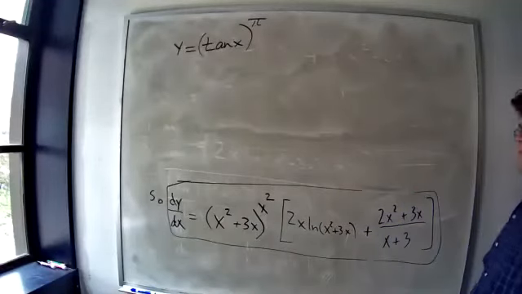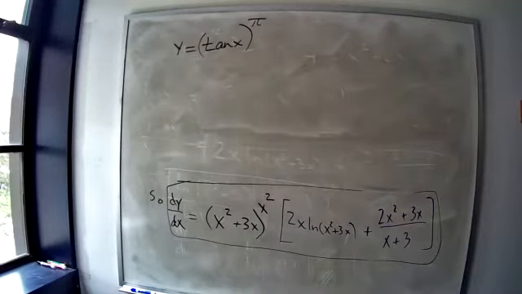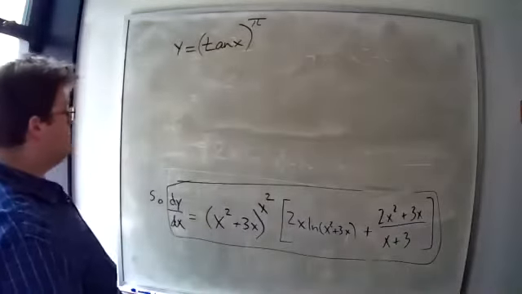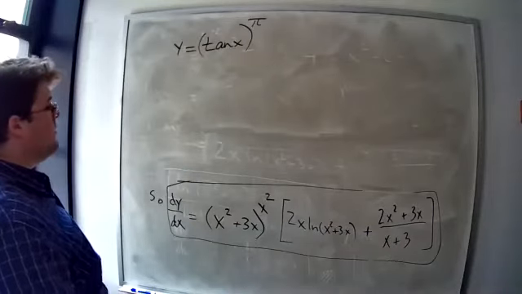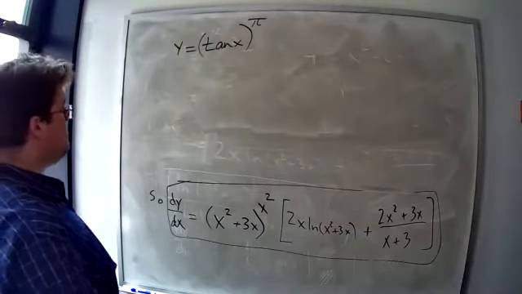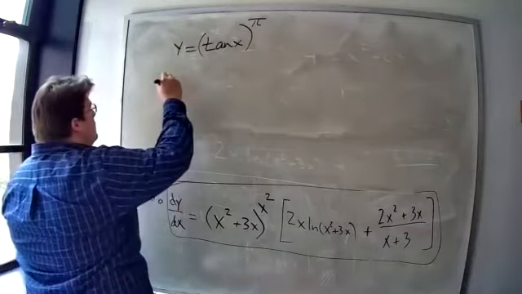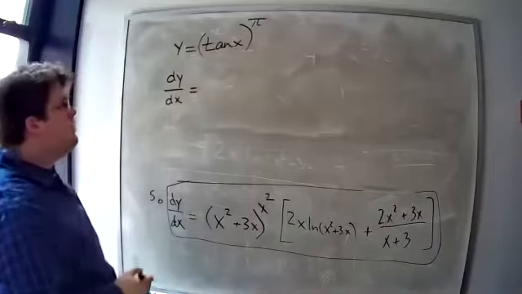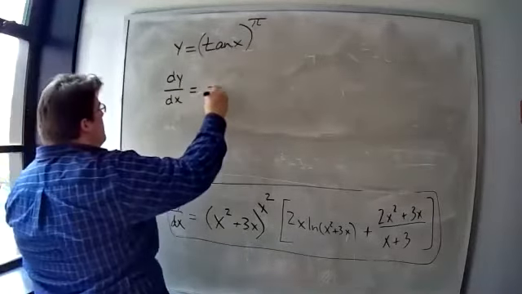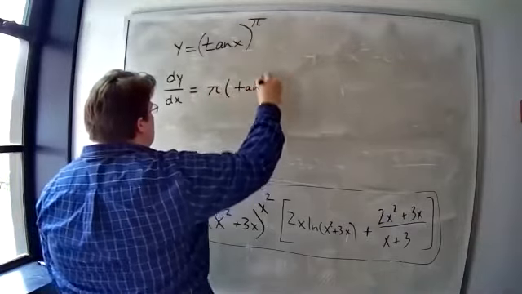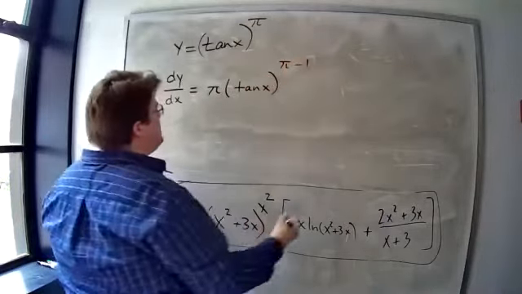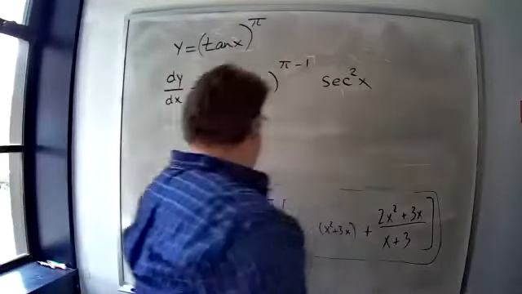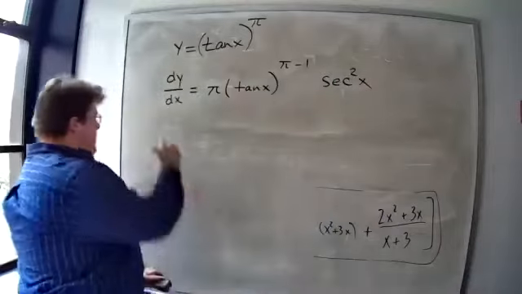Well, we know how to take the derivative of something with x's in the base and a number in the exponent using our week 5, 6 and 7 observations. The derivative of something to a number is that number times that something to the number minus 1 times the derivative of that something.